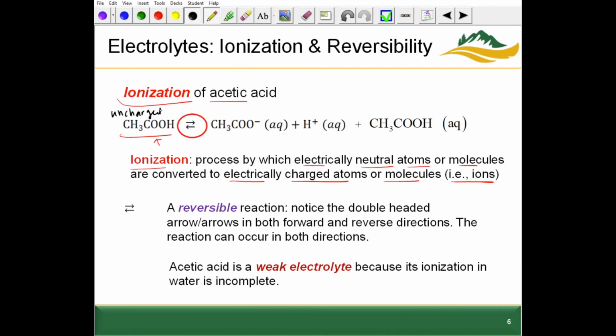So uncharged, and then these are the charged species. This is our definition of ionization: the process by which electrically neutral atoms or molecules are converted into these charged atoms or molecules, i.e. ions, be it cations or anions.